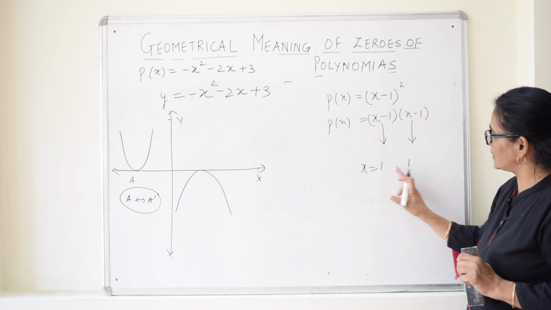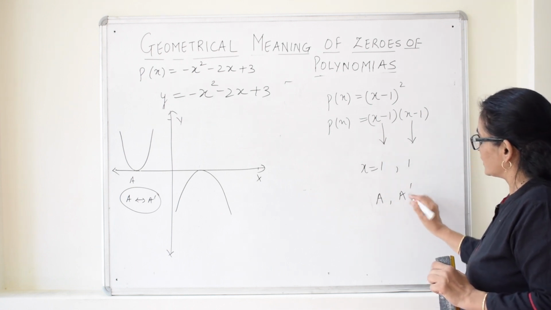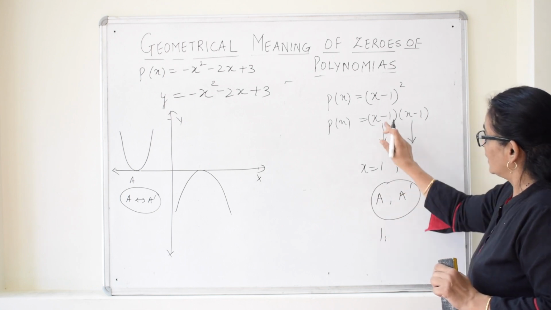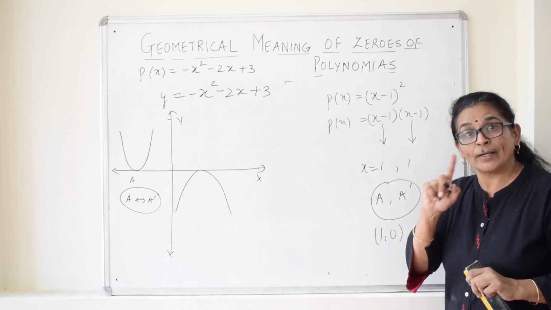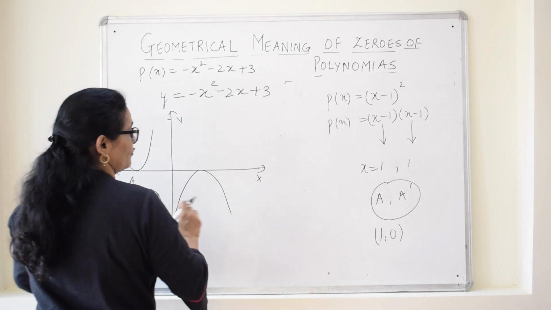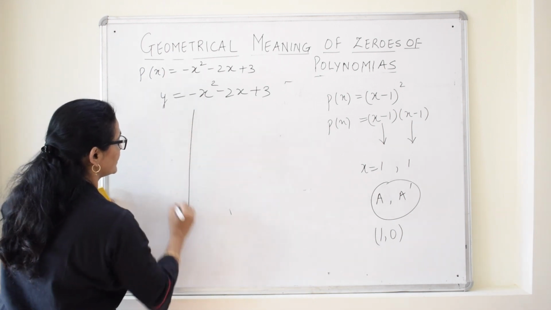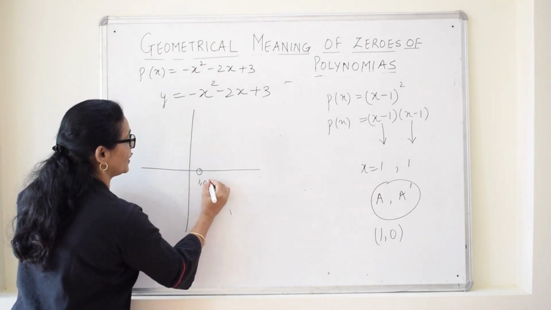When this is the same value, that point A and A dash we were discussing is the same point, and that point will be here, 1 comma 0. It means only one zero is there, so that type of parabola will touch the x-axis at the point 1 comma 0.